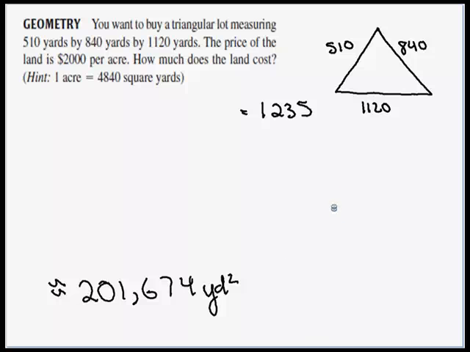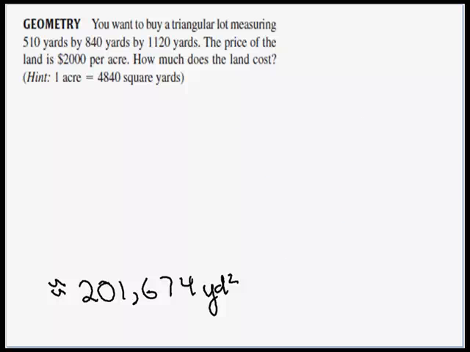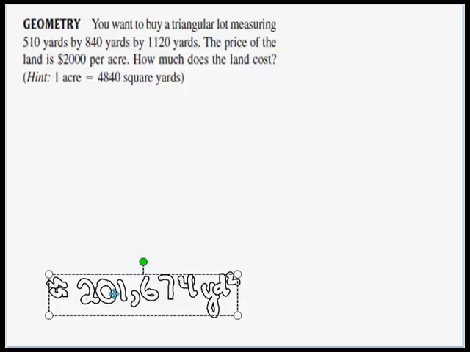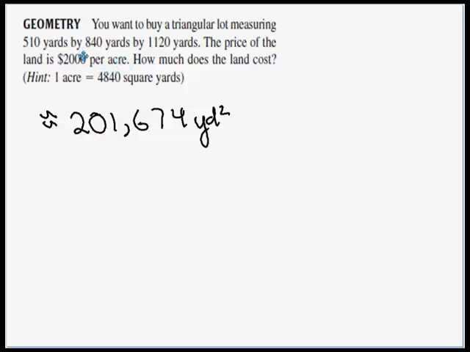So was that the answer to the problem? No, they were asking us to find the price. That's not a price. So land is 2,000 per acre, and we know from the hint an acre is this many square yards. So we have our area in square yards. If we divide that by the 4840, we will know how many acres we have.